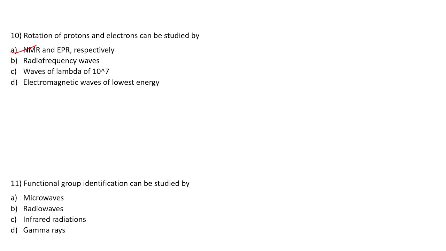NMR and EPR respectively. Functional group identification can be studied by: A, microwaves; B, radio waves; C, infrared radiations; or D, gamma rays. What is the answer?